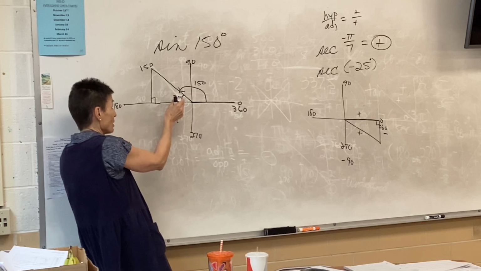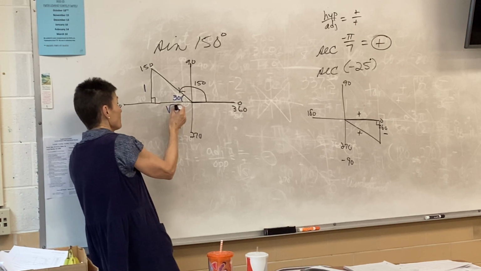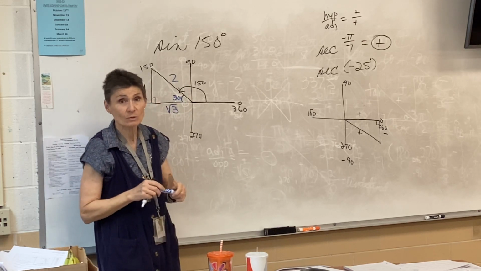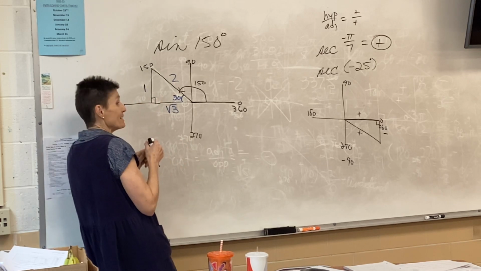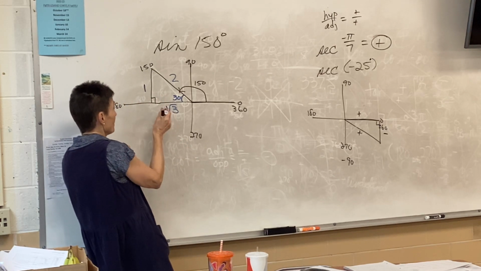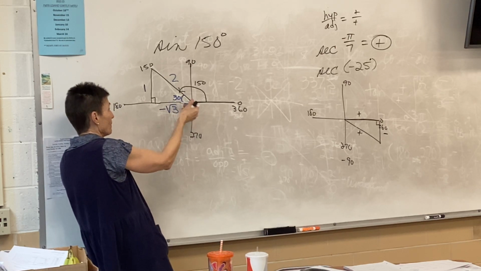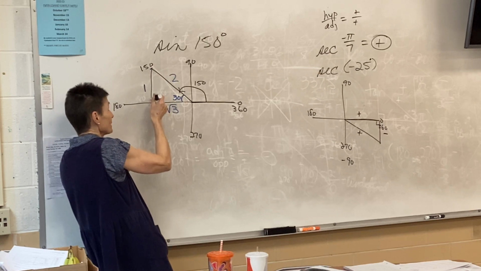Now, across from the 30 is always 1. Across from the 60 is root 3, and the hypotenuse is 2. Yeah, folks, this is one of your special triangles. Be careful, though. This one has to be negative, because look where I am. I'm left and up. To get to my 150, I'm left and up.